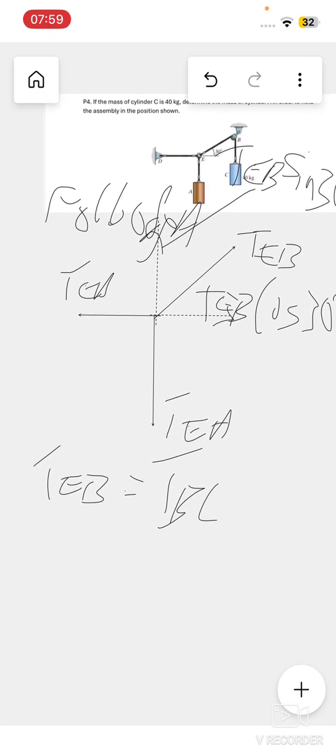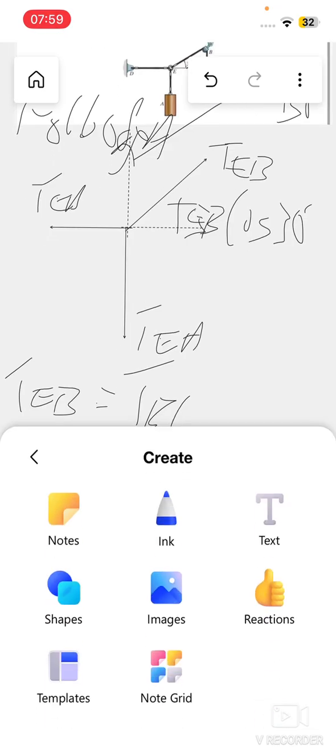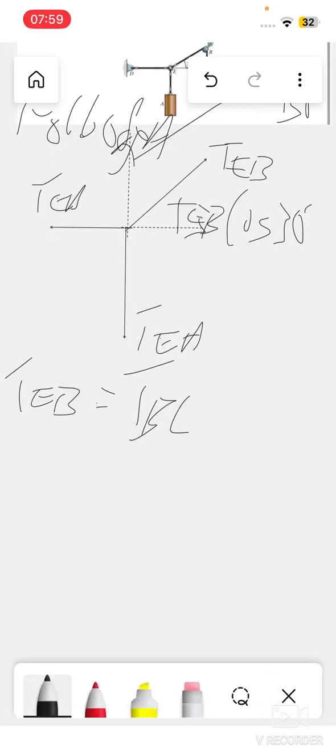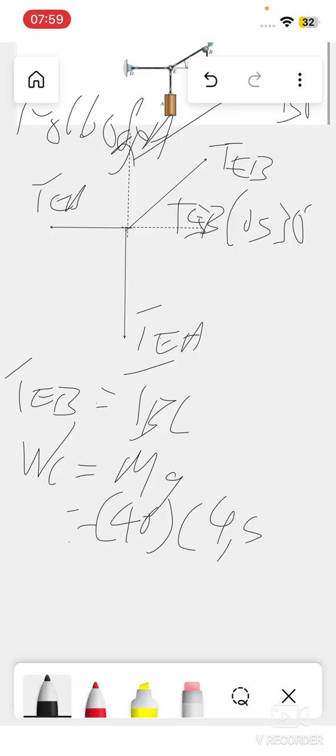TBC is going to be WC, which is equal to mg. The mass is 40, so 40 multiplied by 9.81, which gives us 392 Newton. And we also have the angle here, which is 30.